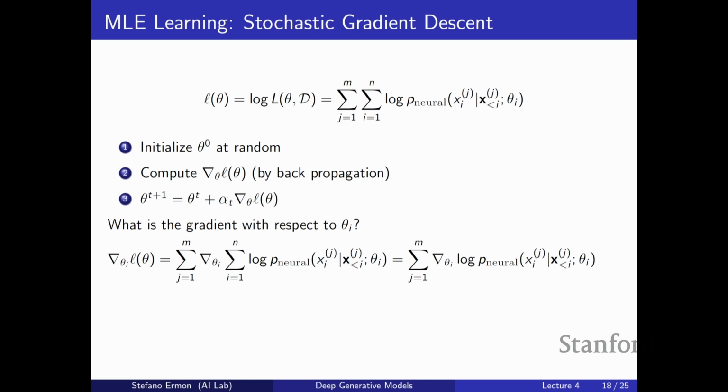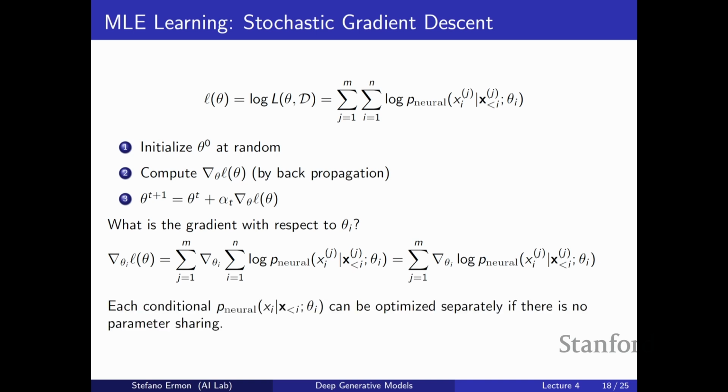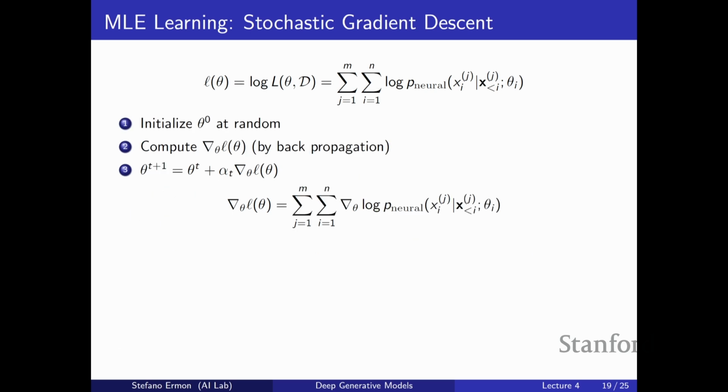That's tricky. The good news is each conditional can be optimized separately if there is no parameter sharing. In practice, there is always parameter sharing. The challenge is that you have this big sum over all the data points in the data set.